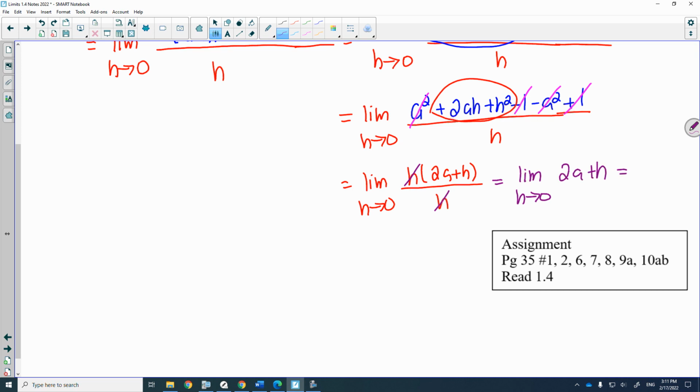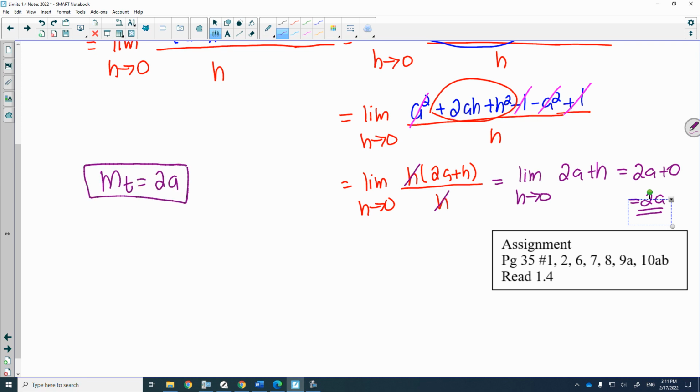Now I'm going to substitute in 0 for h, so that's going to be 2a plus 0, which is equal to 2a. So we're going to talk about what we just solved. Remember that this is always the slope of your tangent. So the slope of my tangent is equal to 2a.